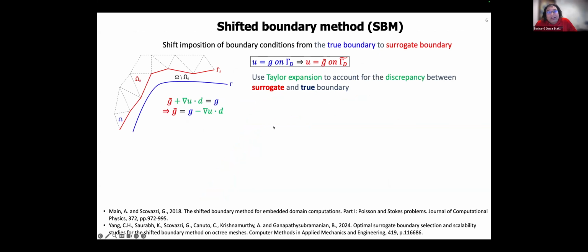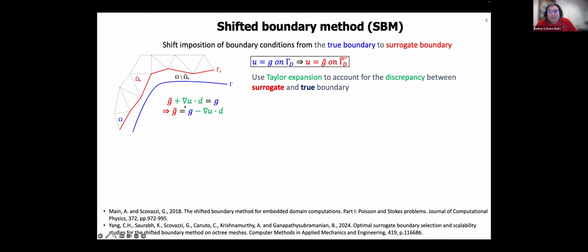So how are we doing this, right? It's an elegantly simple method. We just shift the imposition of the boundary conditions from the true boundary via Taylor series expansion, right? So if my boundary condition is u equals g on gamma, right, and I'm shifting my boundary to gamma tilde, what should I apply on gamma tilde such that it translates to u equals g on gamma? Simply, I say I am going to impose g tilde on this gamma tilde.